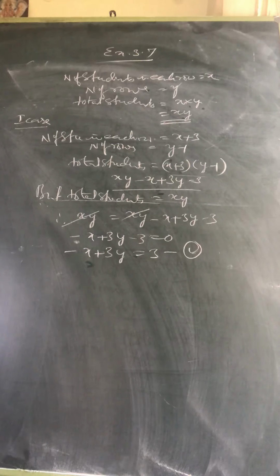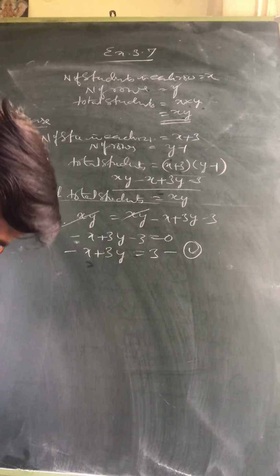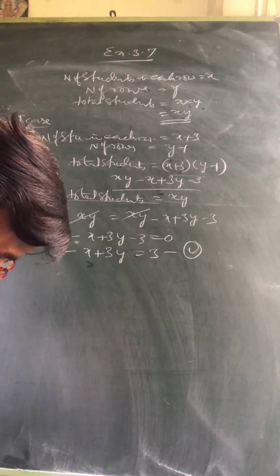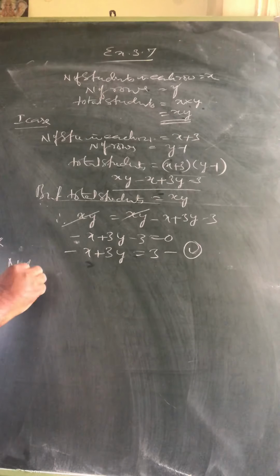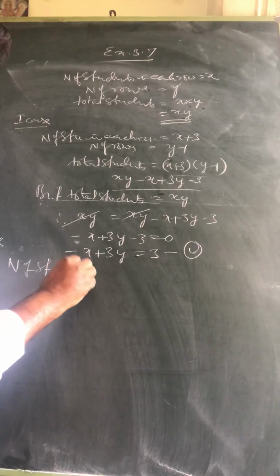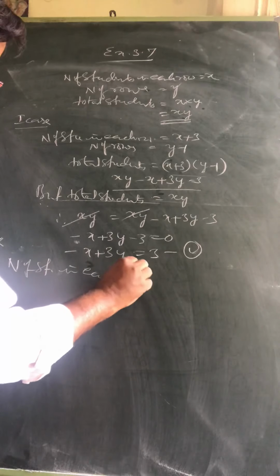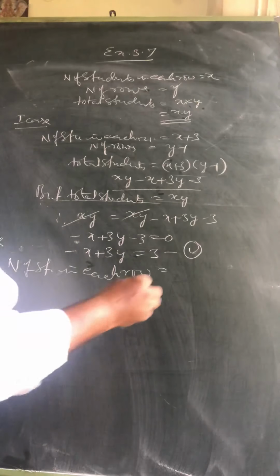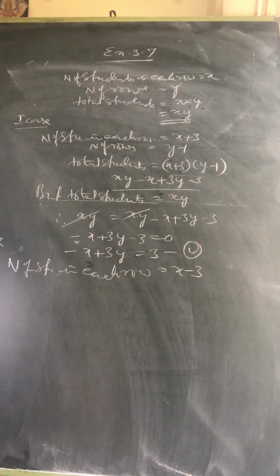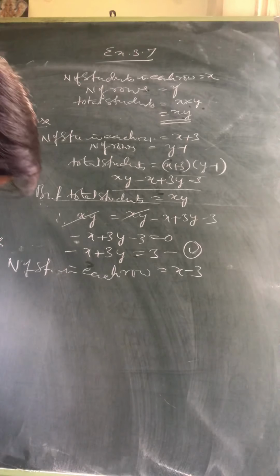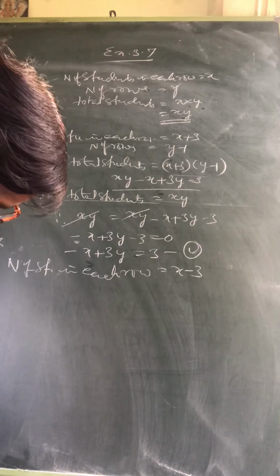Second equation, what did he say? The next equation is, if 3 students are less in a row, there would be 2 rows more. So the number of students in each row is equal to x minus 3. That means 3 students are less in each row.